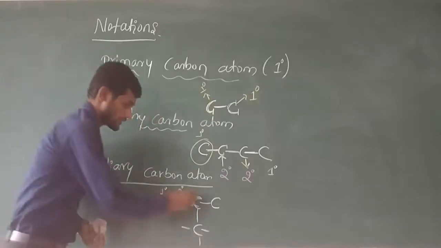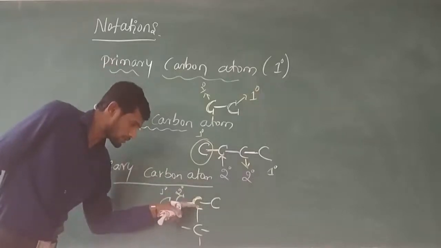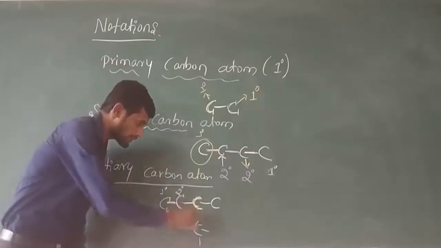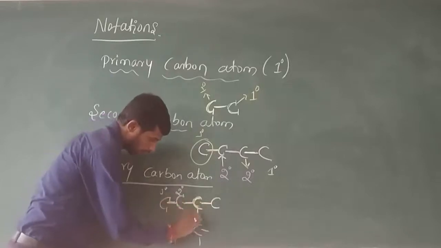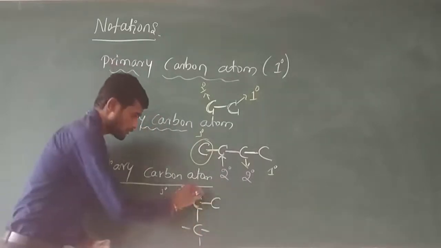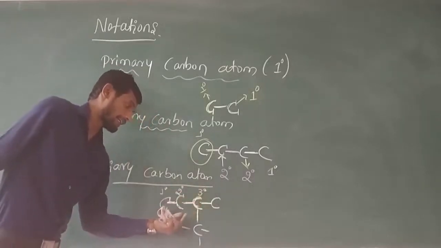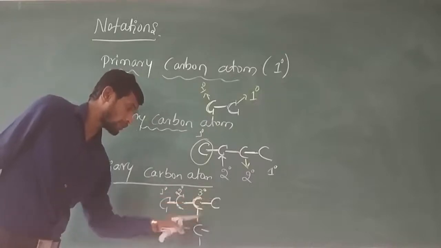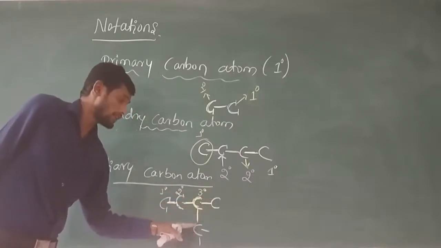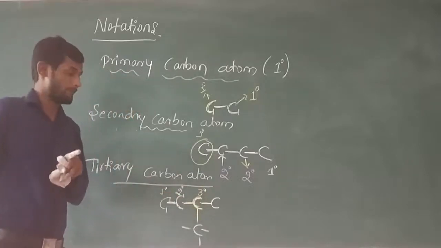This is very important, because this carbon atom is attached with one here, two here, and another one, three. Therefore this is a tertiary carbon atom. If one of the carbon atoms is attached with three carbon atoms, then it is taken as a tertiary carbon atom.